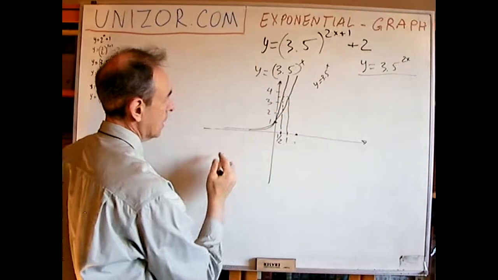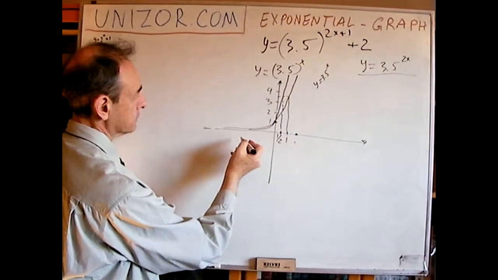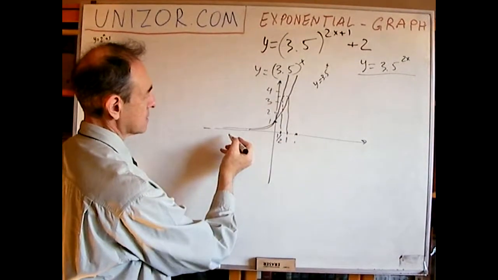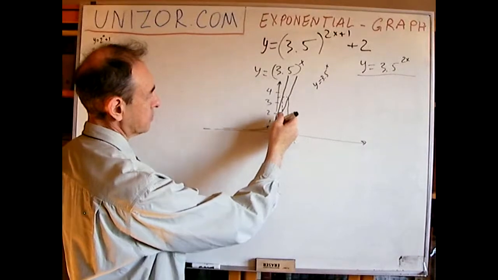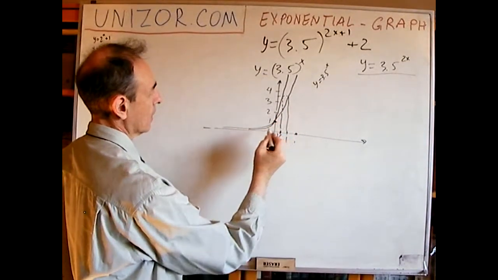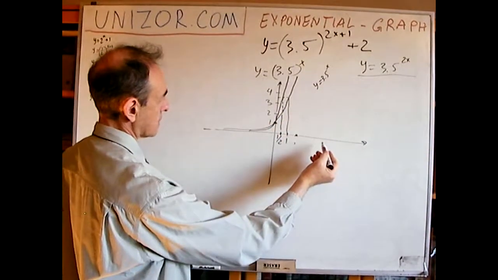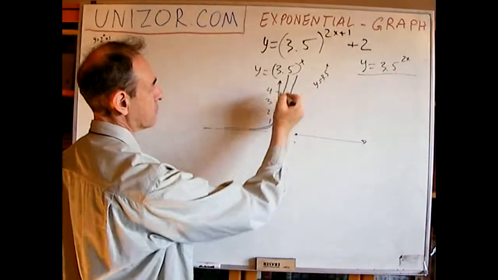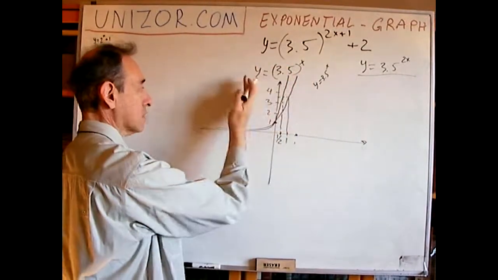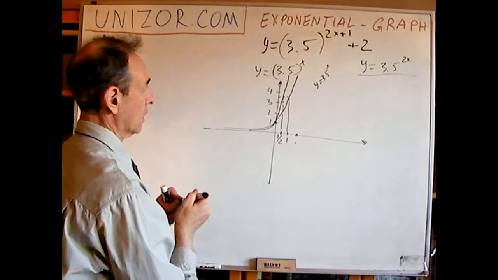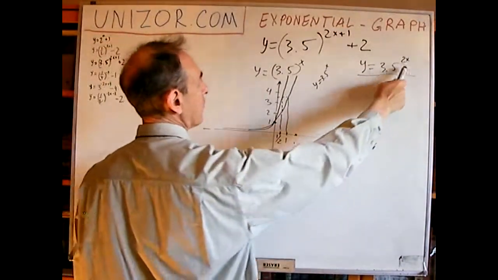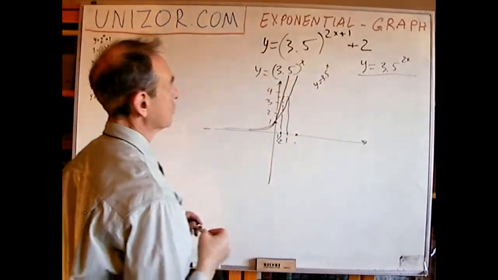So on the left, for the negative x, the new graph would be below the old one. On the right, when x is positive, the new graph would be steeper and closer to the y-axis. Okay, so that's 3.5 to the power of 2x.